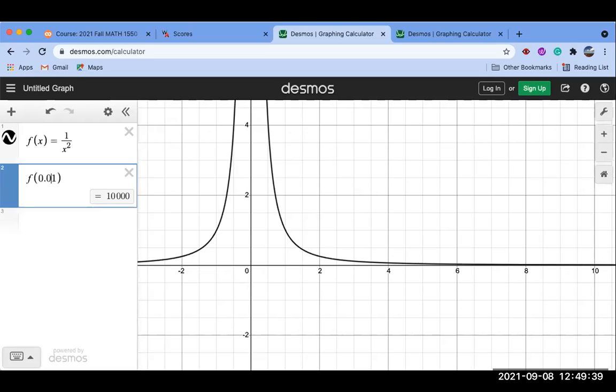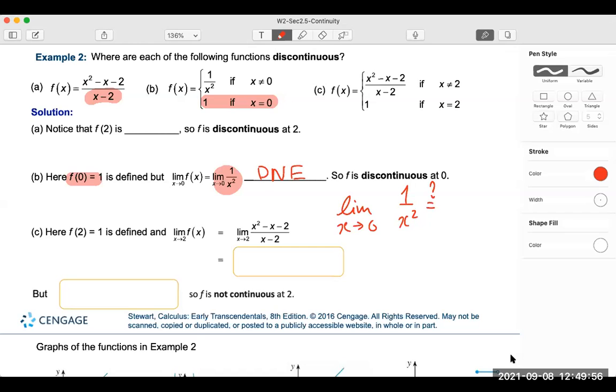If x is smaller, 10 to the minus 3 squared, 10 to the 6, 1 million. Okay, very big. So in other words, we know that the limit of this function goes to infinity, or we say it does not exist. It does not converge to a specific number.